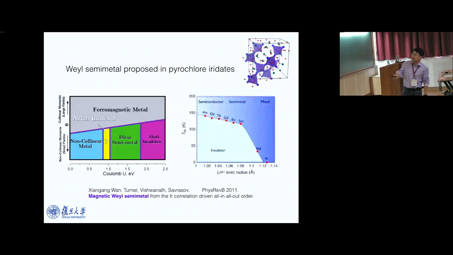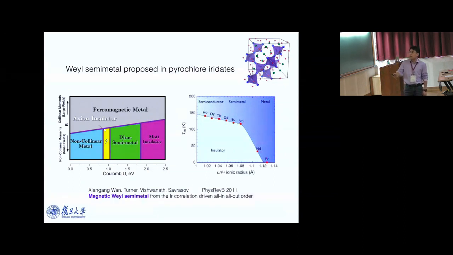The magnetic Weyl semimetal was first proposed in the context of pyrochlore iridates. This is an example of pyrochlore iridates: the iridium atoms form a lattice called the pyrochlore lattice. Xiangang Wan and his collaborators studied an extended Hubbard model on this lattice and studied the impact of magnetism on the band structure of the conducting electrons.